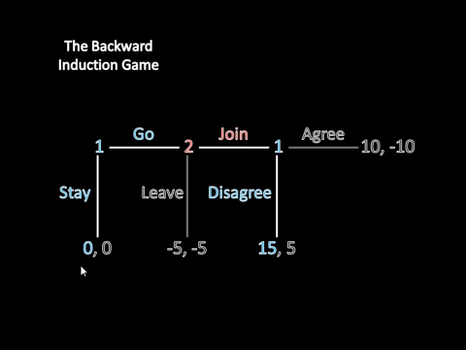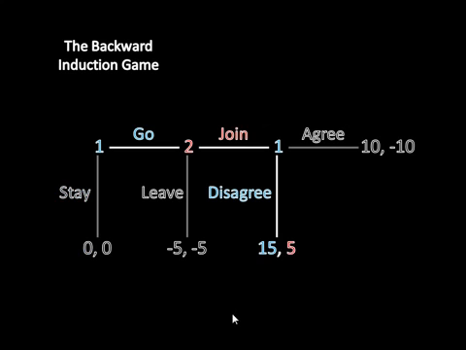Well, 15 is better than 0. That's what player 1 would want to do. Player 1 might not want to go if he thought that player 2 would leave, because that would leave player 1 with -5, which is worse than 0. But that's just not going to happen. Player 2 would want to join because she knows that player 1 would disagree. So that is the outcome of this game.